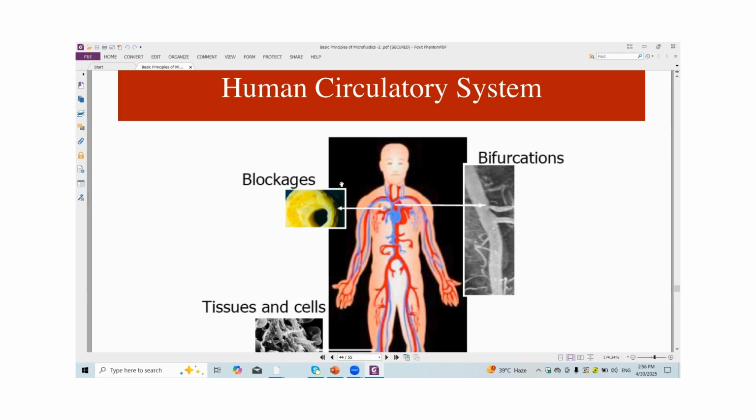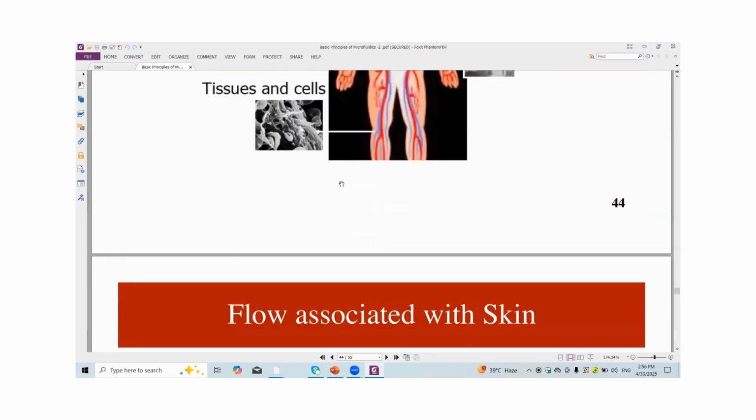These arteries or veins can also be studied in simulation and through the microfluidics approach, because some of the veins are very small in size. Based on heart problems or vein problems, you can also use microfluidics approaches. So this replication is in biomedical engineering.